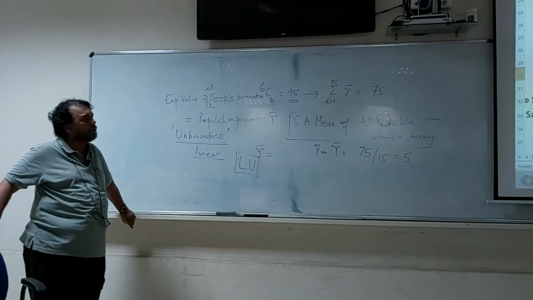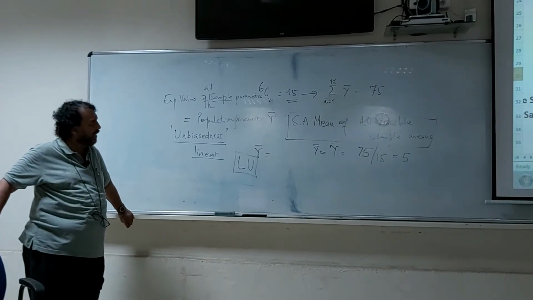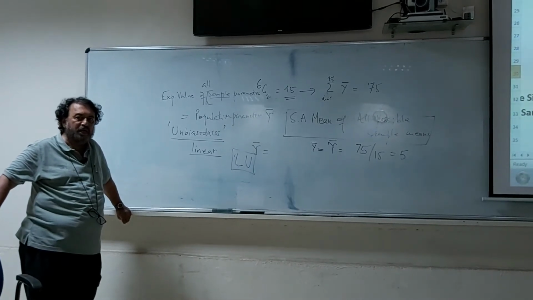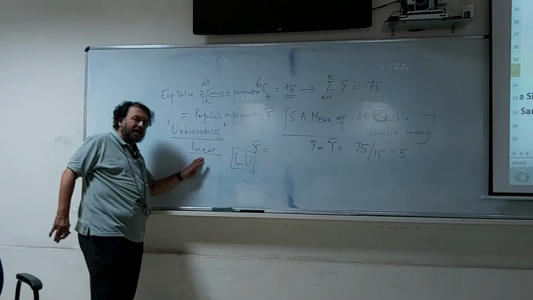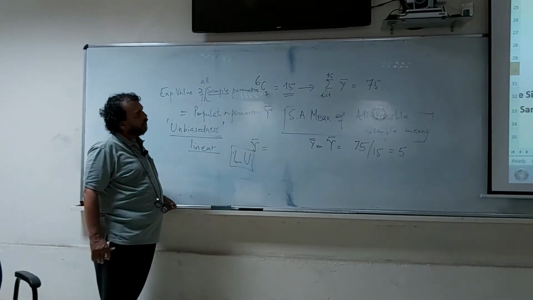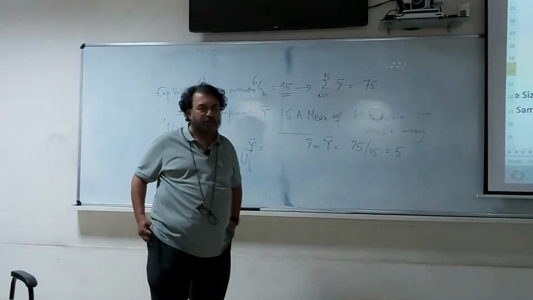This notion is going to repeat itself in a variety of ways, particularly where later we will see that the regression coefficient that we estimate from the sample data is also supposed to be linear in character and unbiased.